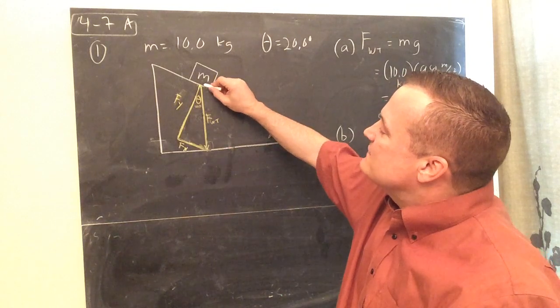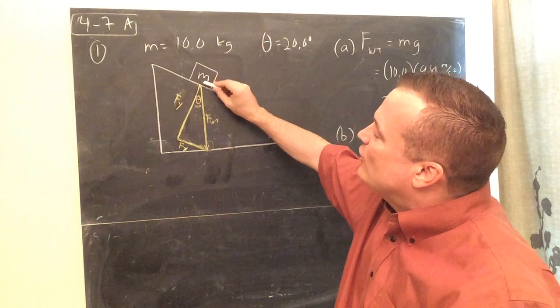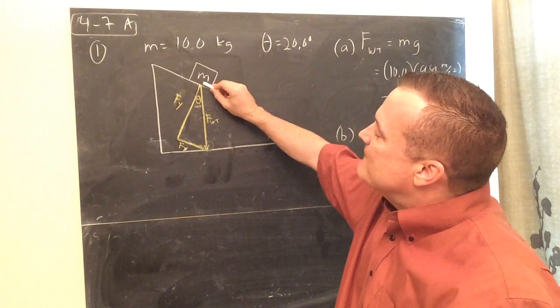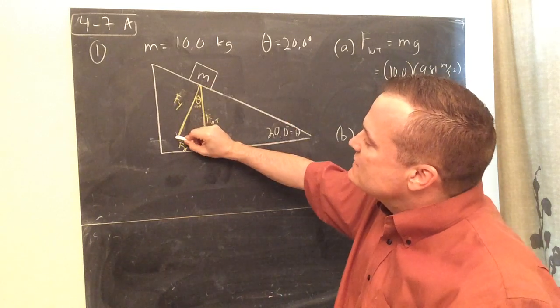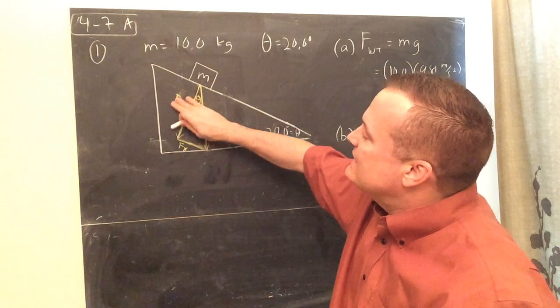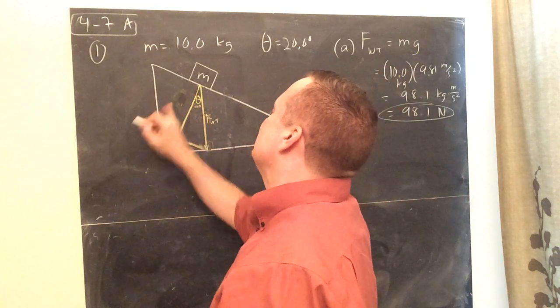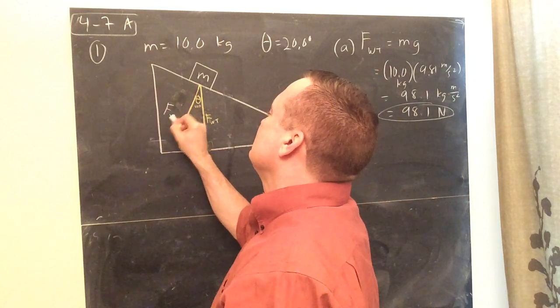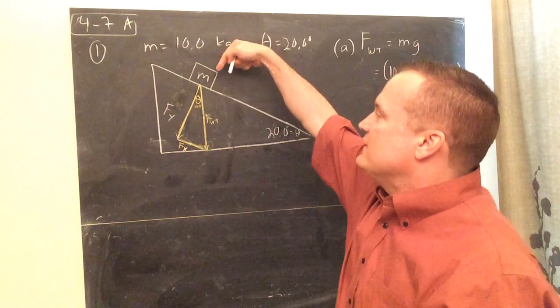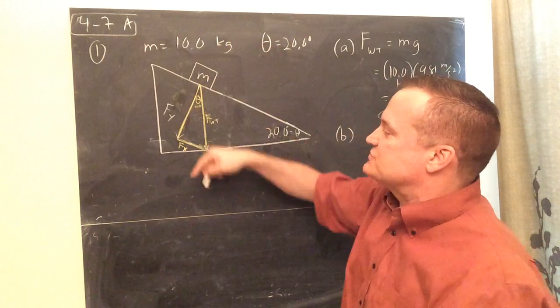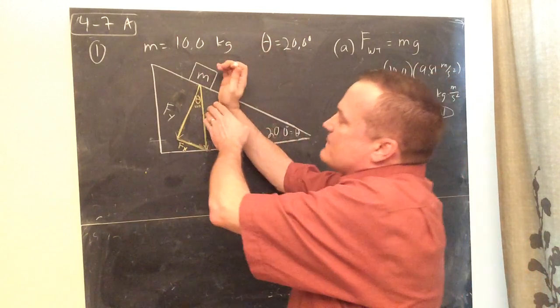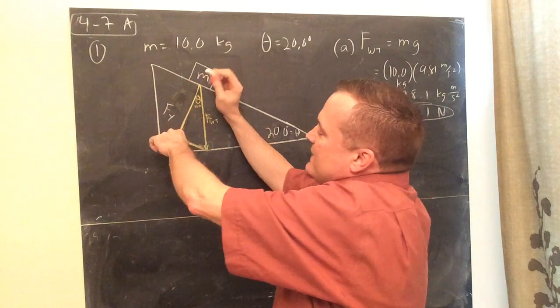So gravity is pulling the mass in this direction. You could say that Fy is the only component that's pushing. Gravity is pulling this against the surface in this direction. Now, don't worry about the sliding yet. Let's just talk about the contact only. Fy.